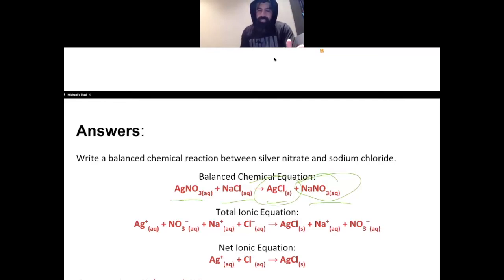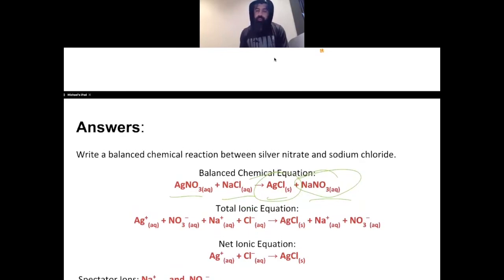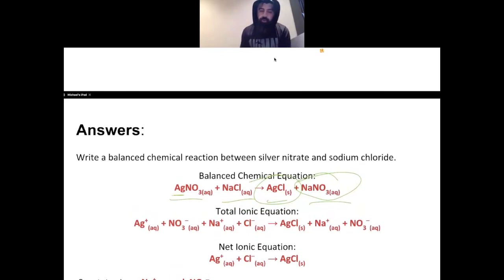So how do we write the total ionic equation? Well, for the total ionic equation, all we're doing is separating the anion and cation, as we did here. Got Ag, and don't forget the plus. And again, notice the aq's and s's everywhere. Every compound includes them.